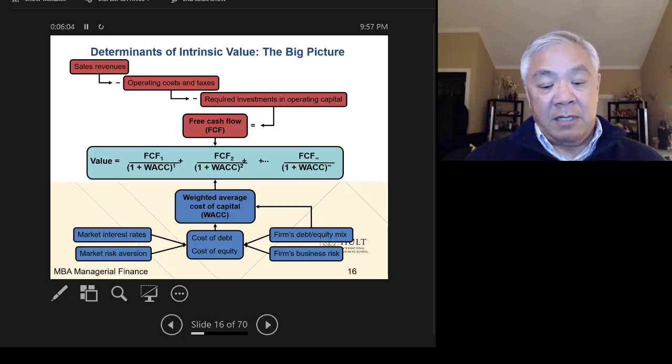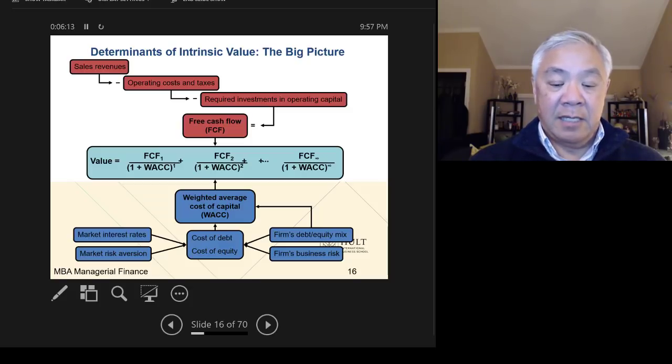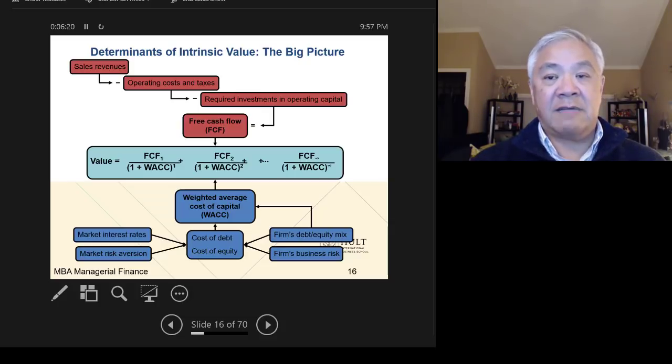The denominator, and this is something we'll learn later on in this course, and you'll also work a bit with it next time you take finance in corporate finance, is looking at the elements that give rise to your cost of capital, which is this mixing of cost of equity and debt, which has a measure of how the market perceives your risk as a company and also the amount of risk that you're undertaking. So all those are the components that feed into the two types of information we need, the free cash flow and the weighted average cost.